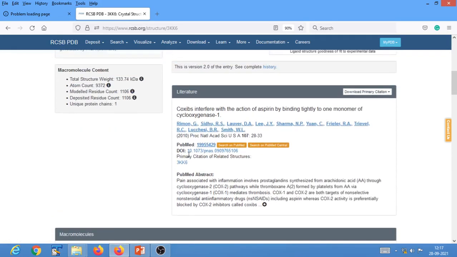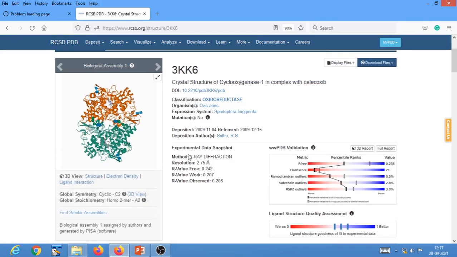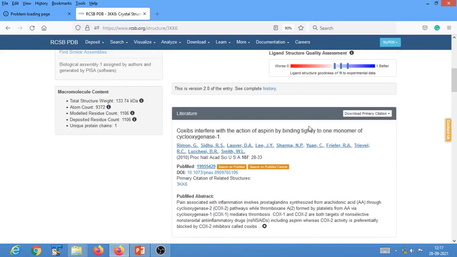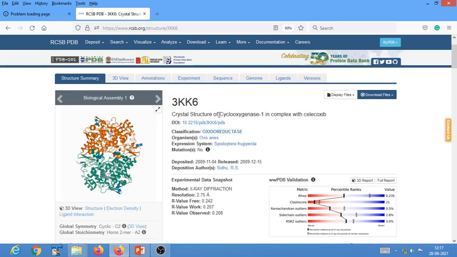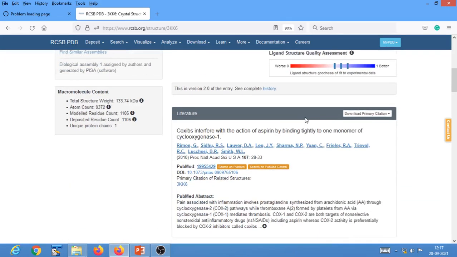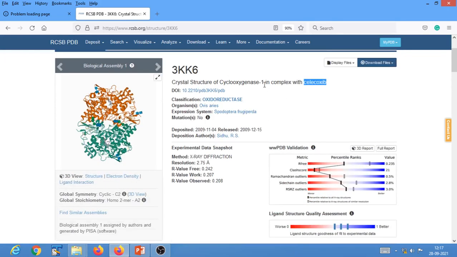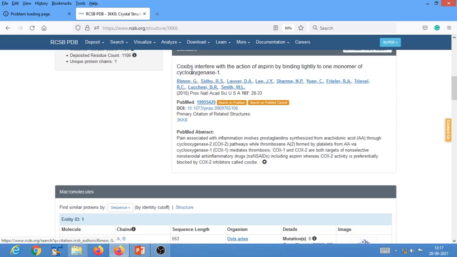One more thing that I would like to say is that whenever you start to work on any protein structure, when these models are deposited in PDB, they are published in some paper. This particular model, structure of cyclooxygenase in complex with inhibitor celecoxib, which is one of the most important anti-inflammatory agents, was published in this paper.